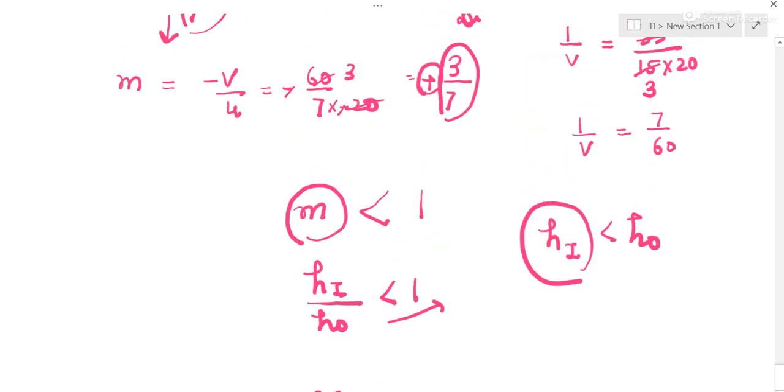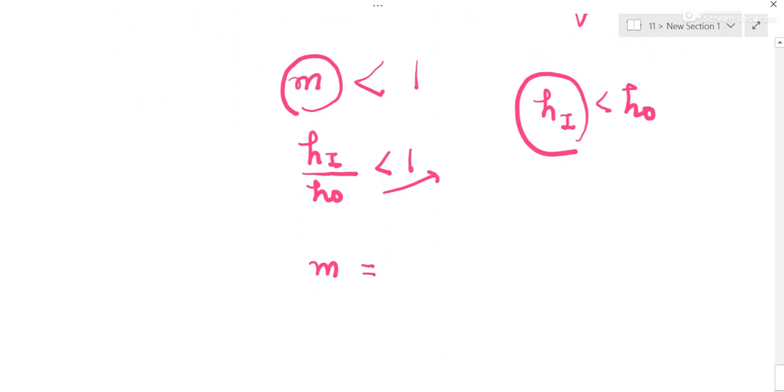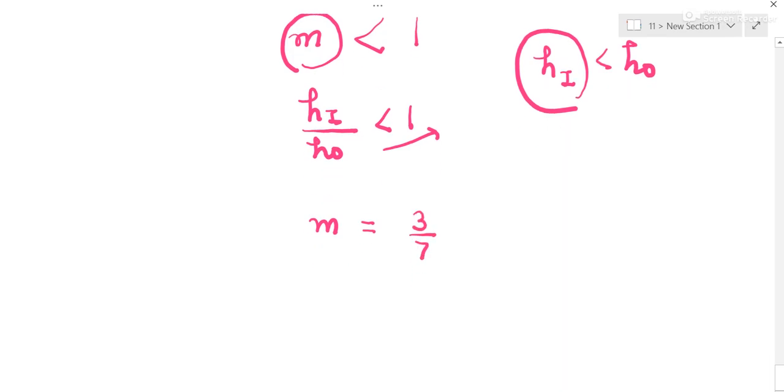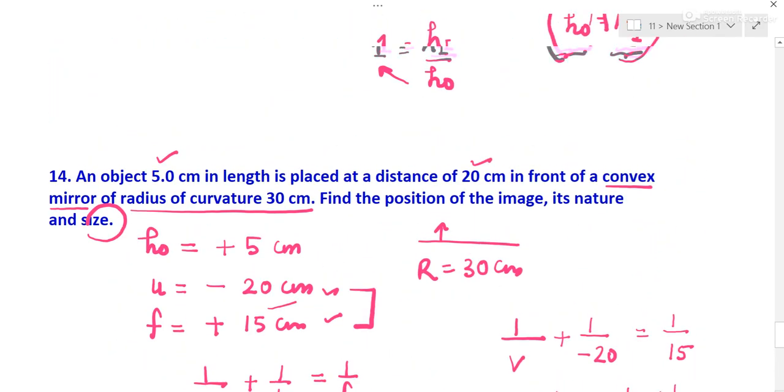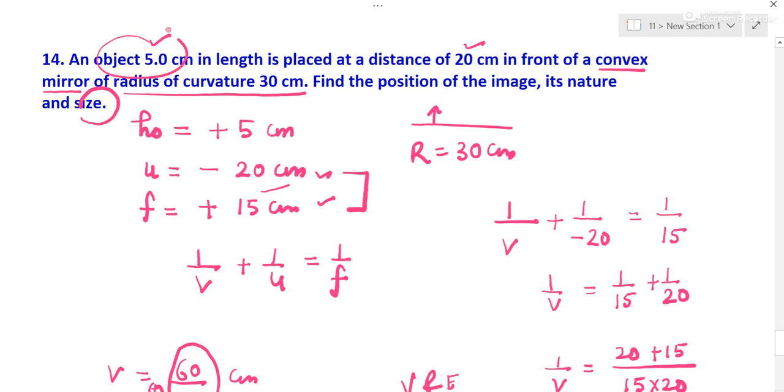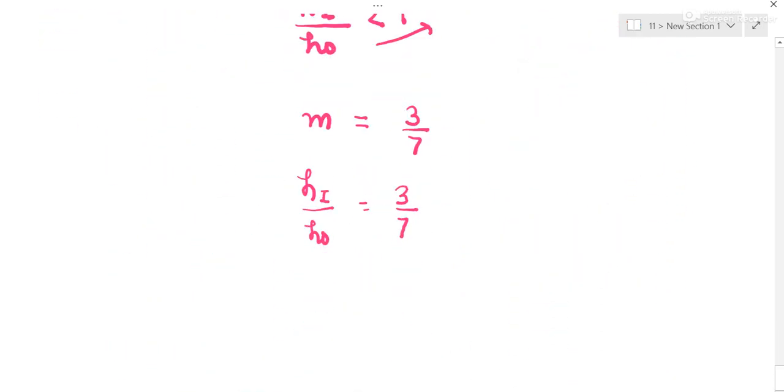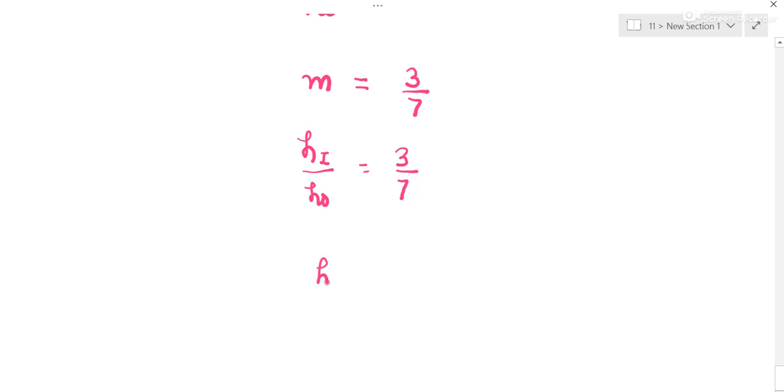Okay. So what is the magnification? Magnification that I obtain is 3 by 7. You check your calculations properly. So it is height of image by height of object is 3 by 7. Height of object is given to you in the numerical. Check it out. 5 centimeter. So height of object is 5 centimeters. So we can substitute.